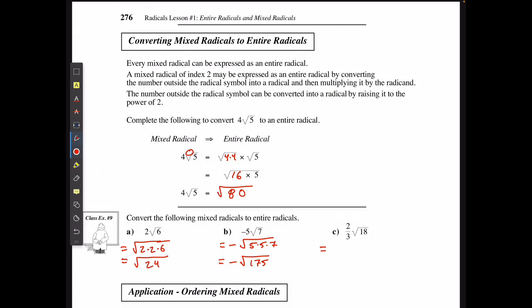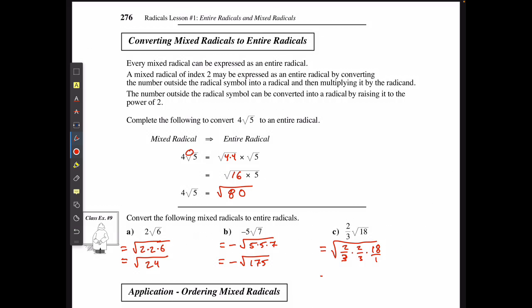Here I would say that this is going to equal the square root of 2 over 3 times 2 over 3 times 18, or if it makes it easier for you, you can say 18 over 1, because when I multiply or divide fractions, I go straight across the numerator, straight across the denominator.